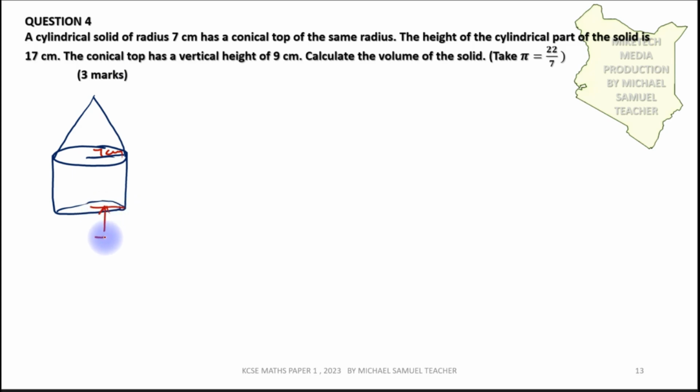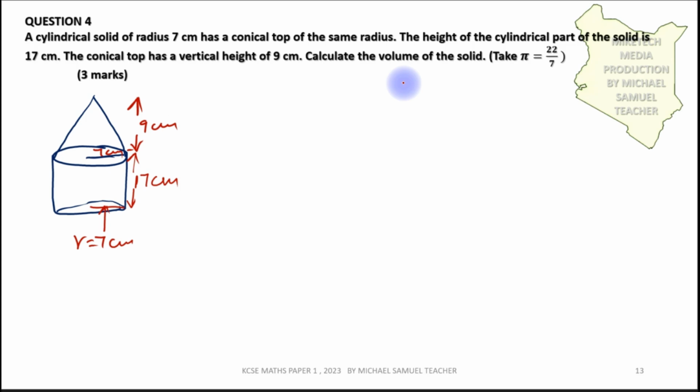And also the height of the cylindrical part is 17, so this height is 17 centimeter. And the conical top has a vertical height of 9 centimeter. Calculate the volume of the solid.